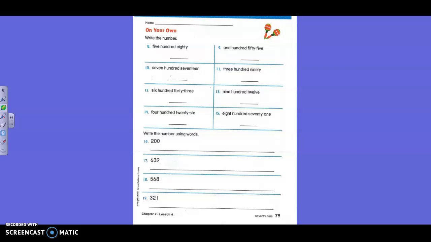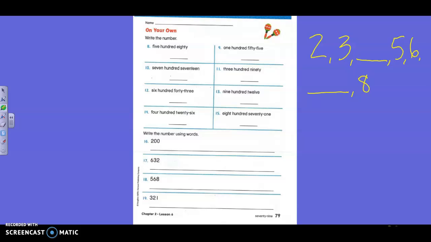Okay, boys and girls. If I write like this, what are my missing numbers?